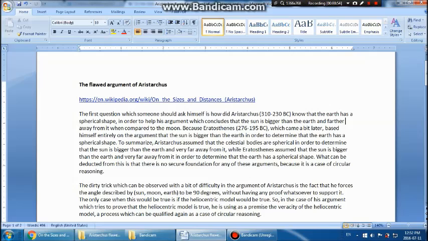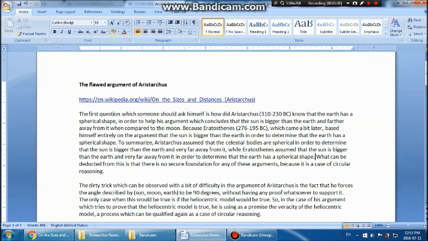That is because Eratosthenes, who came a bit later, based himself entirely on the argument that the Sun is bigger than the Earth in order to determine that the Earth has a spherical shape. So Aristarchus assumed that the celestial bodies are spherical in order to determine that the Sun is bigger than the Earth and very far away from it, while Eratosthenes assumed that the Sun is bigger than the Earth and very far away from it in order to determine that the Earth has a spherical shape.